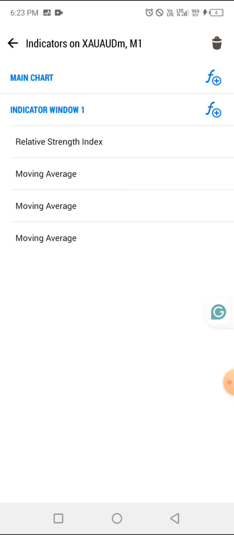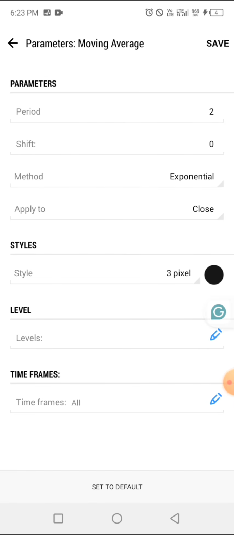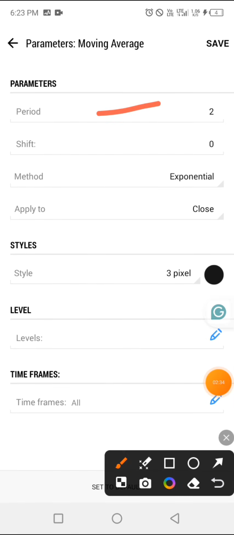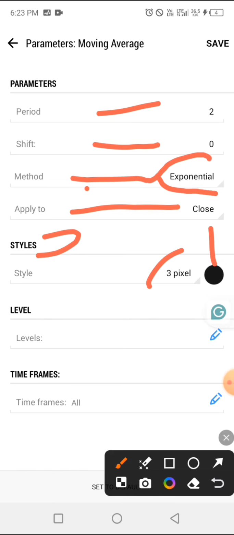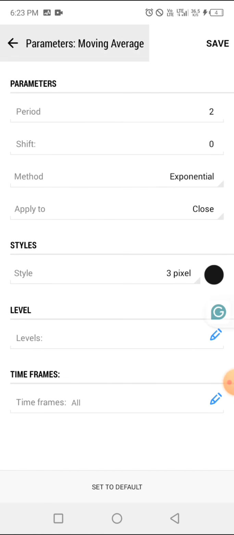Okay, so the third moving average you're going to be using, the period here is going to be 2, the shift is 0, the method is exponential. Remember the previous moving average is linear weighted, but this particular one is exponential. Then apply to close. In your style, use 3 pixel, use color black, and once you have everything figured out, you click on save.